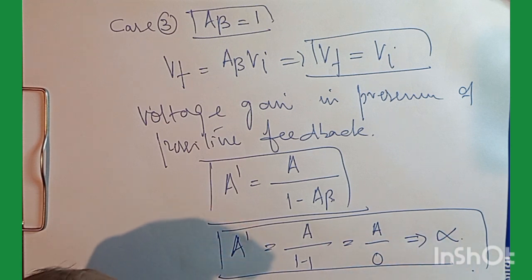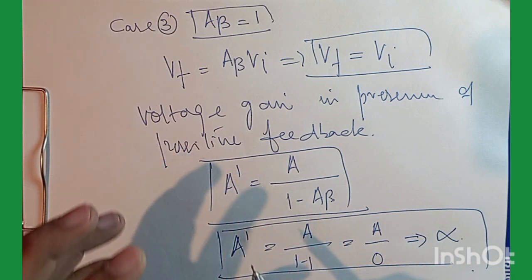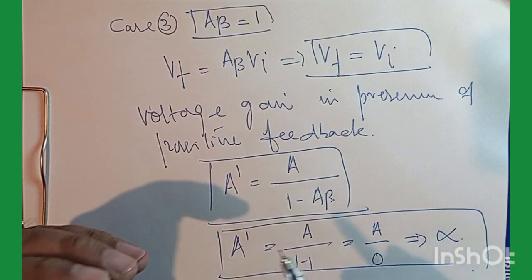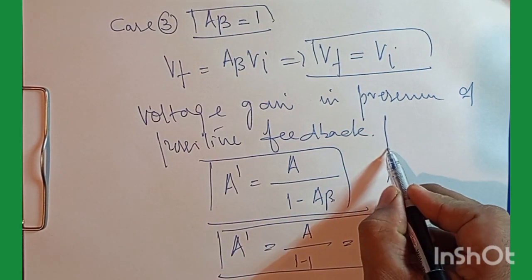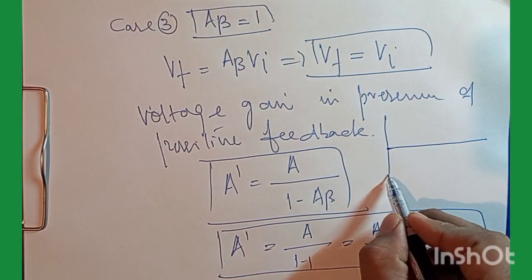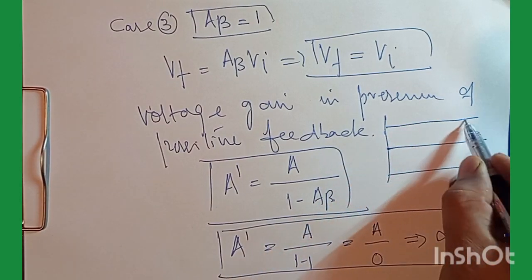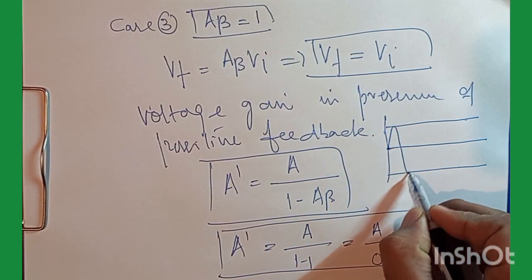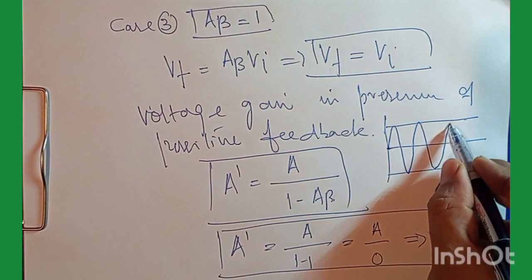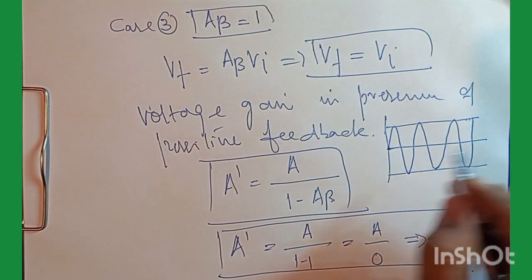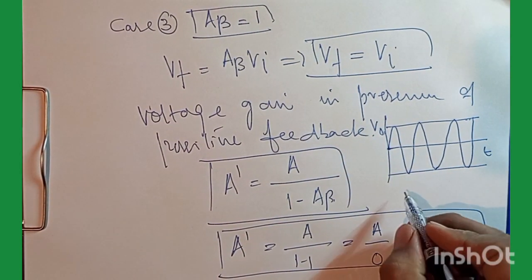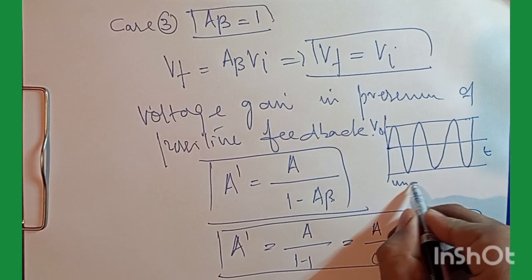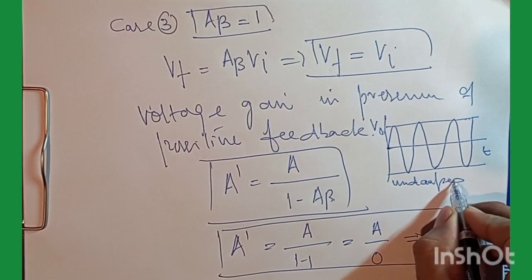So this criterion in terms of positive feedback for an amplifier, where we want a sustained oscillation, means the oscillation will have a constant amplitude if we set A beta nearly equal to 1. So if I assume this is V out and this is T, here we have undamped oscillations.